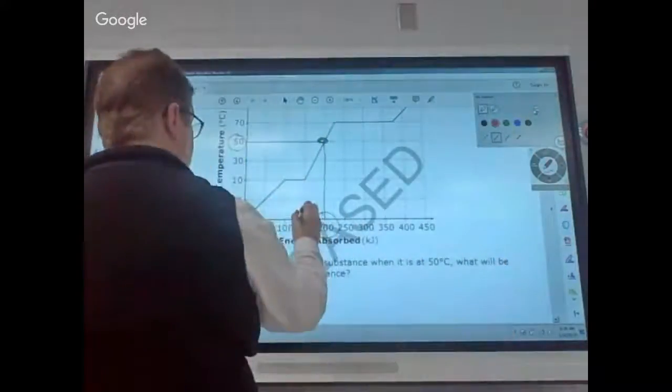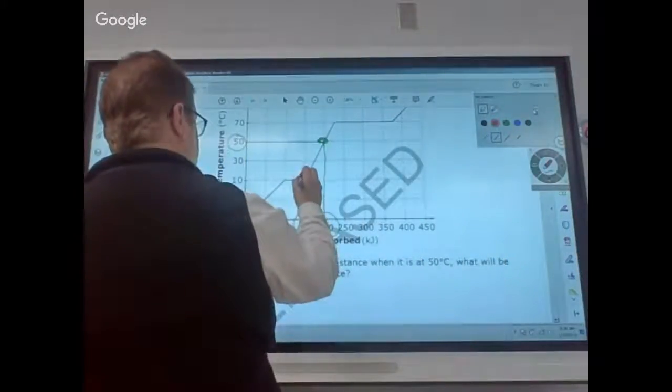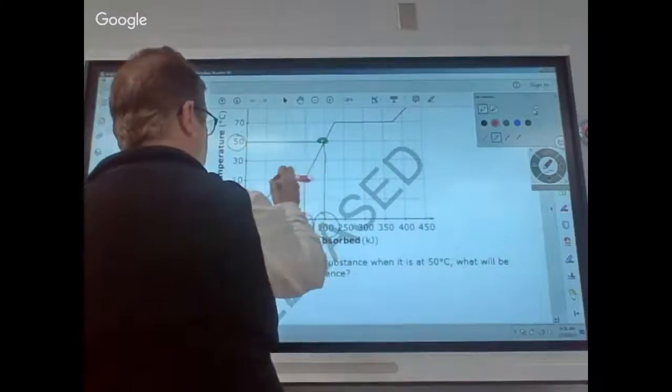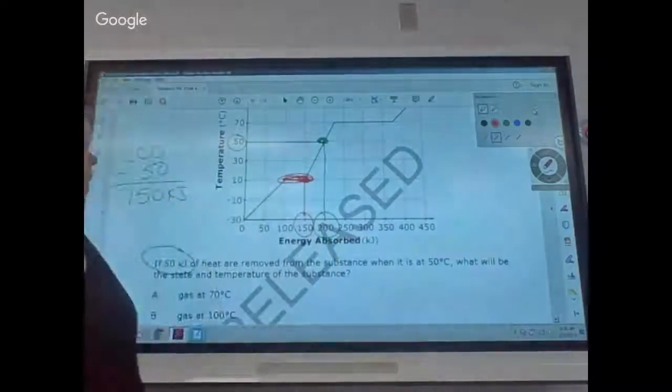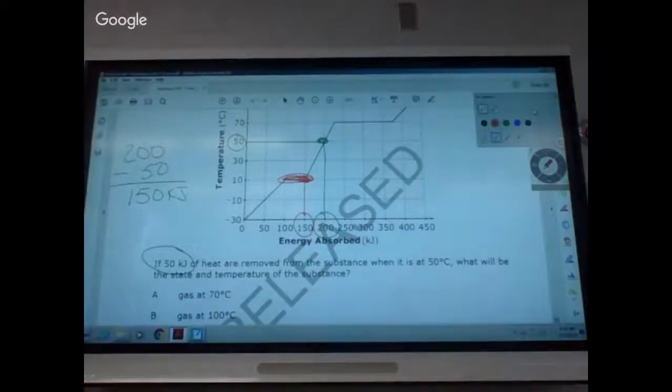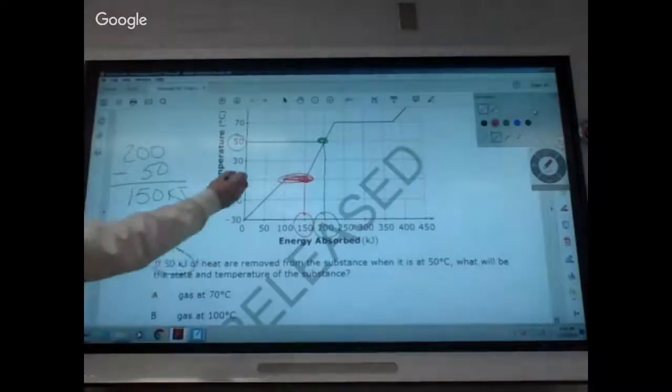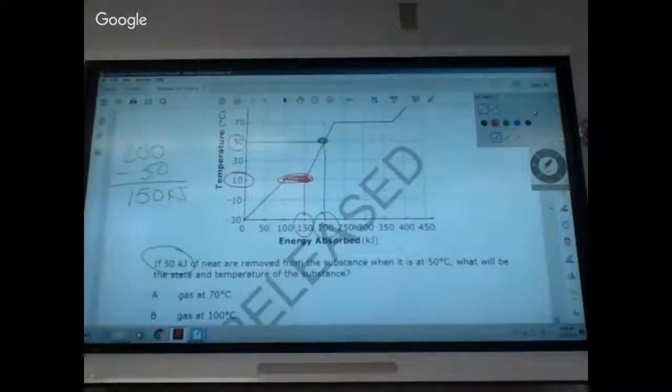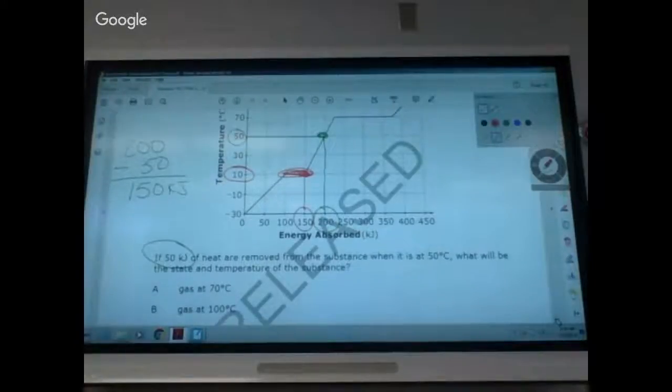Now you have to find the 150 kilojoules on the graph. 150 kilojoules is here, go up to the graph, and you're here. What state is that based on what we know? It could be a liquid or a solid at 10. Now check your answer choices and see which one they have.